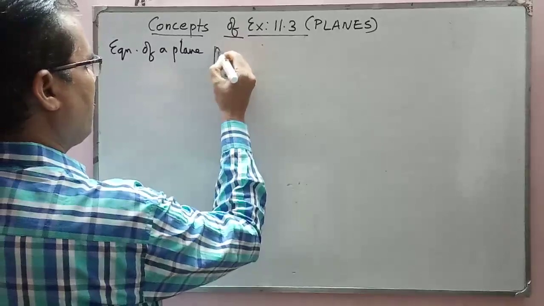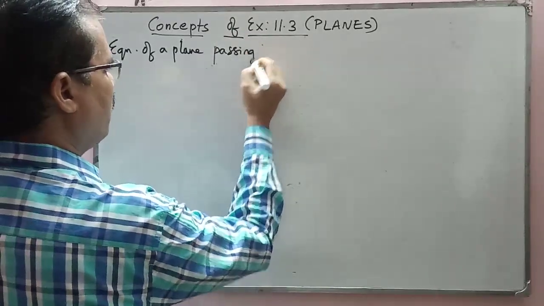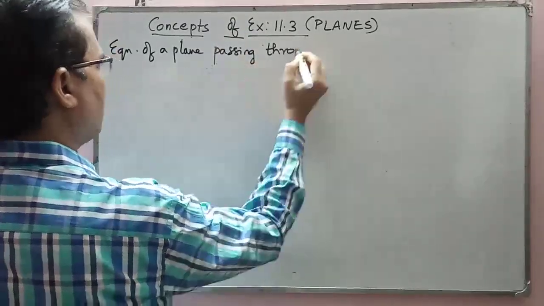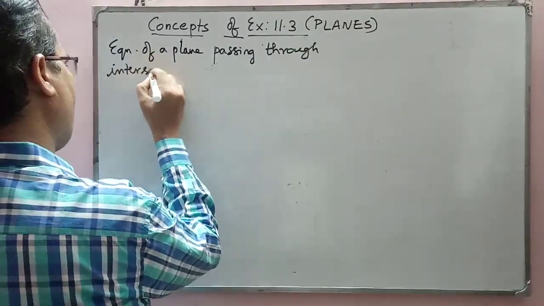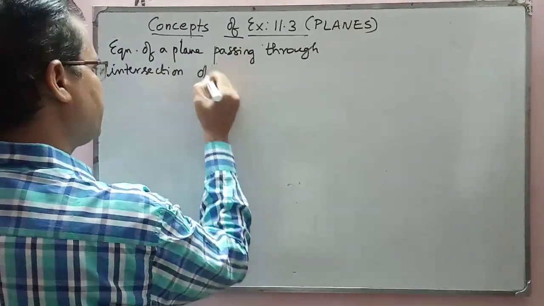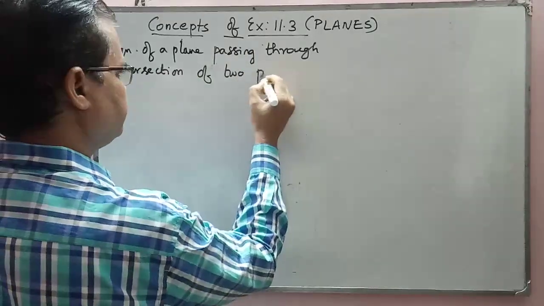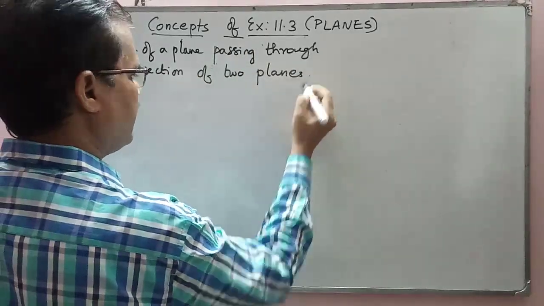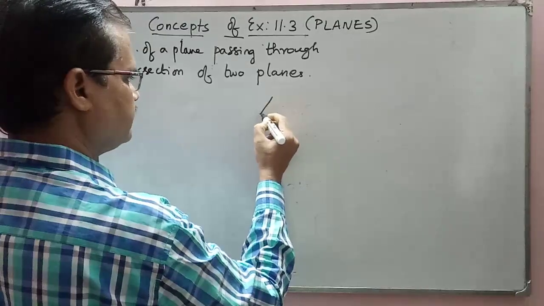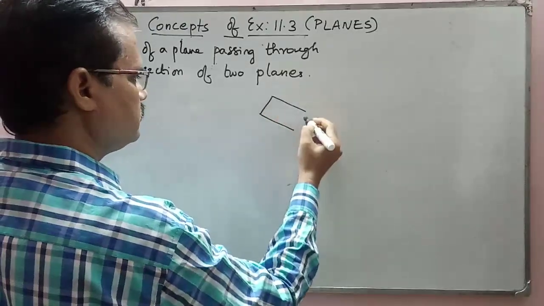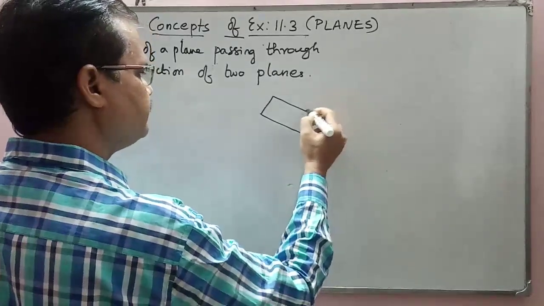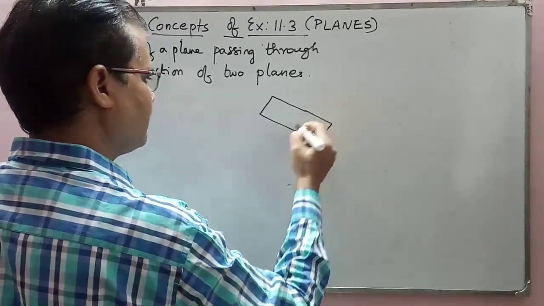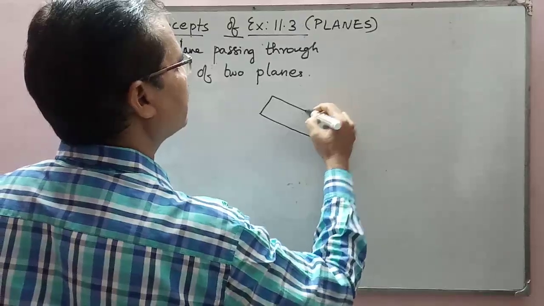Equation of the plane passing through the intersection of two planes. Two planes are there. You take this as one plane. I'm not that good in drawing.